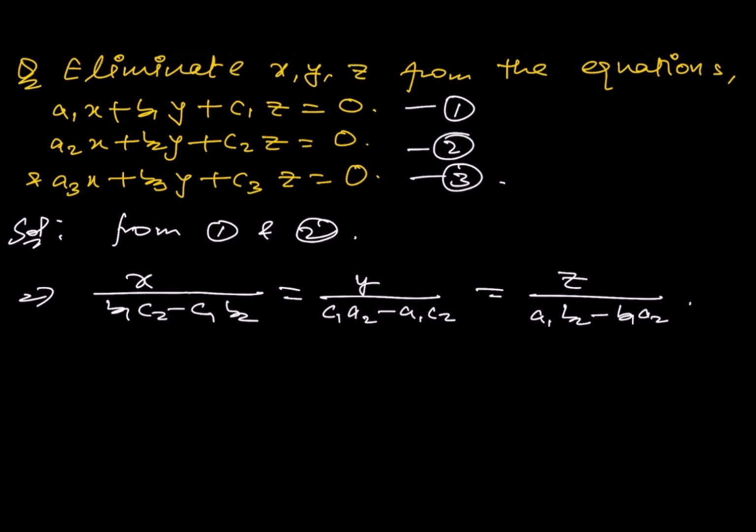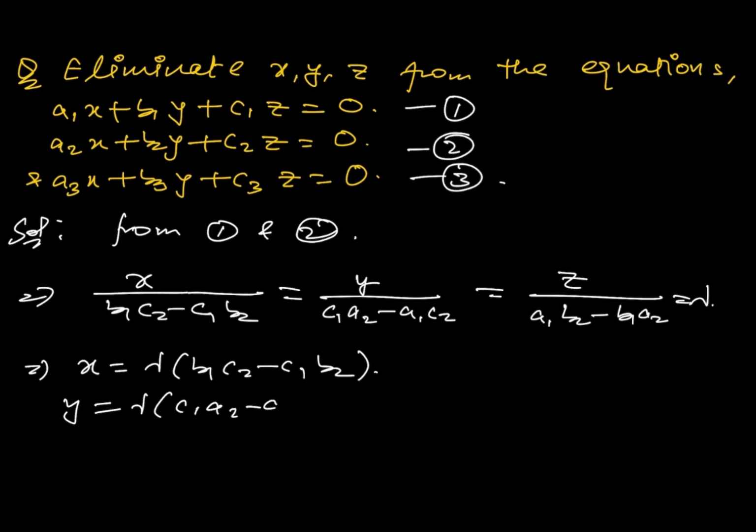So if I equate this to lambda, then x becomes lambda times b1 c2 minus c1 b2, y is equal to lambda times c1 a2 minus a1 c2, and z is equal to lambda times a1 b2 minus b1 a2, right?